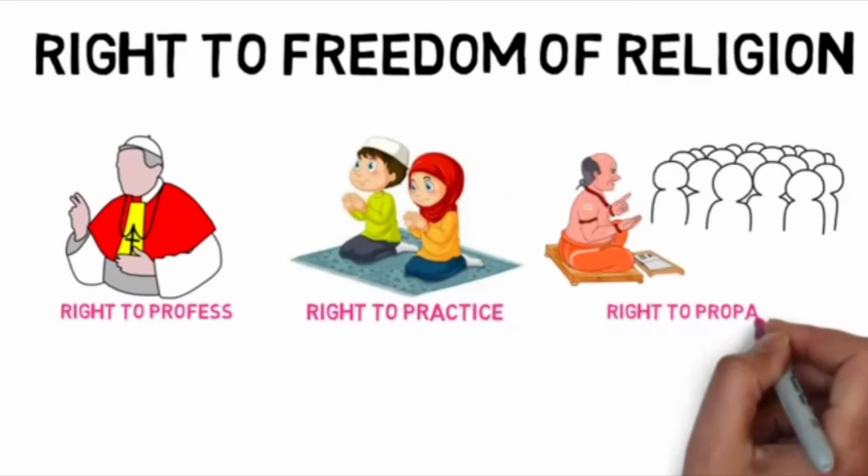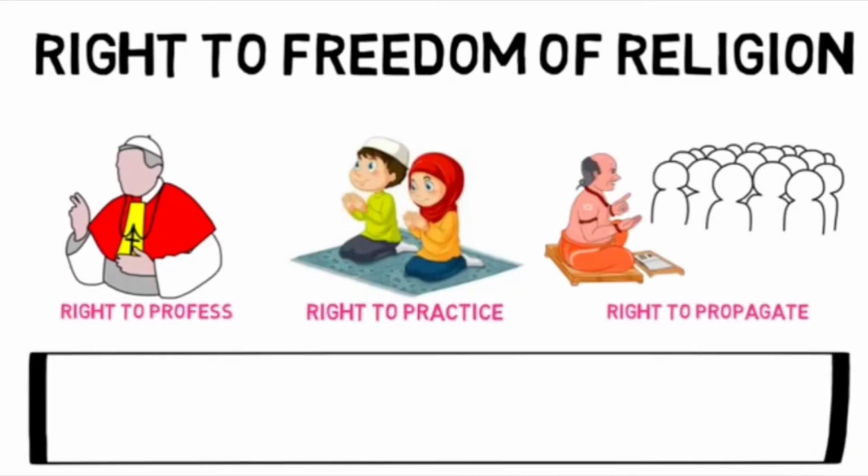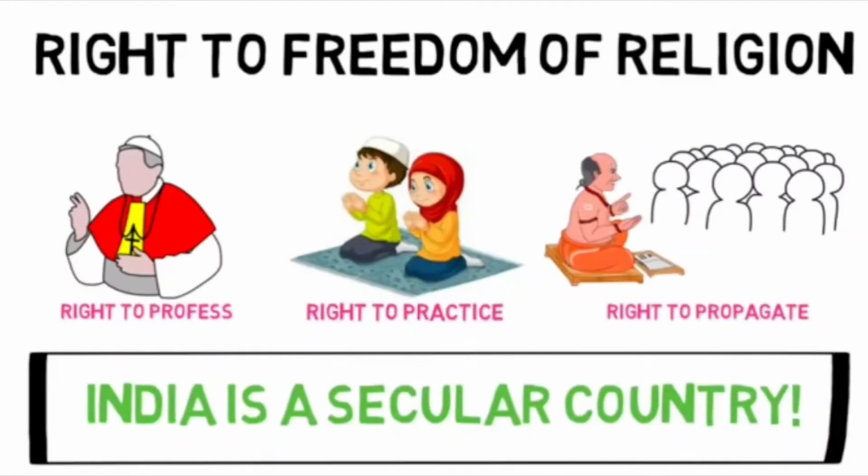There is no discrimination between a Hindu or a Muslim, Sikh or a Christian, a Buddhist or a Parsi. That's why in India we can see a church as well as a mosque along with Hindu and Jain temples. This difference is possible in India only because of the right to religion. It reflects India is a secular country where each and every religion is treated equally.